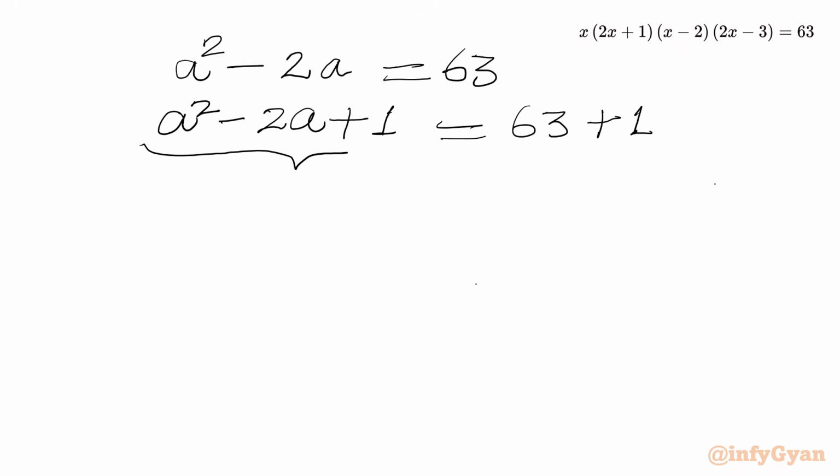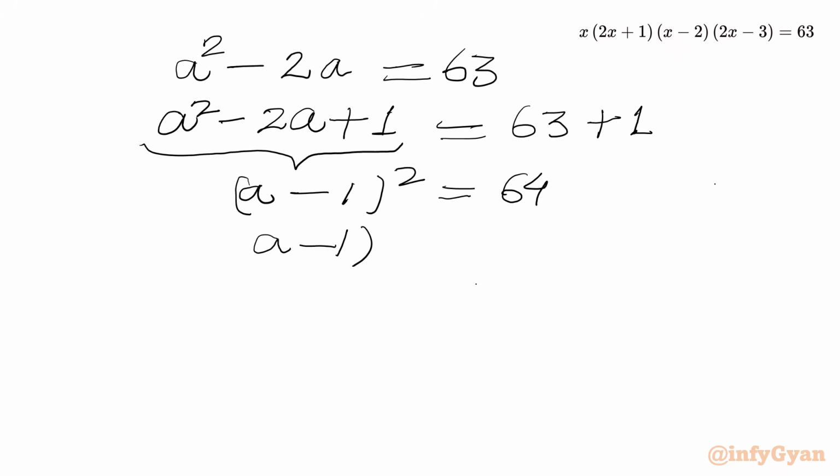Now from these three terms we can write a minus 1 whole square, and in the right hand side we have 64. Now we know that 64 is square of 8. So we can write a minus 1 whole square equal to 8 square.